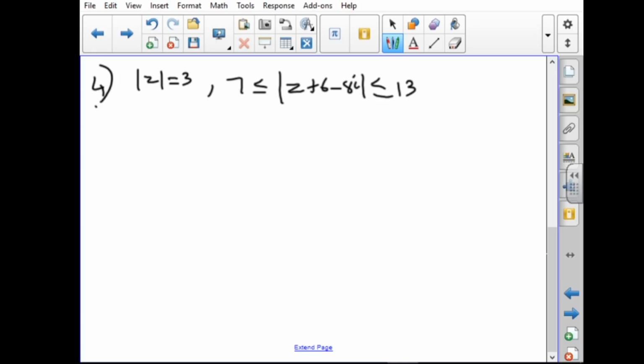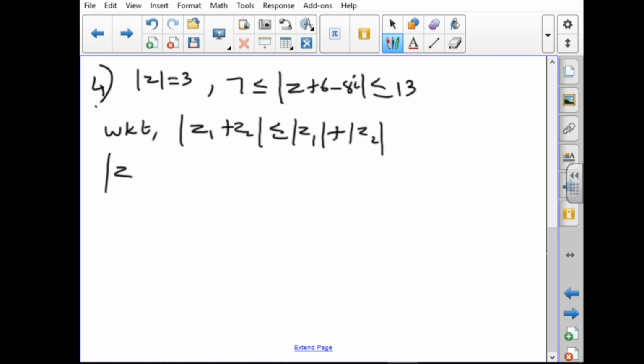So here we know that modulus of Z1 plus Z2 is less than or equal to modulus of Z1 plus modulus of Z2, which is the triangle inequality. So now consider modulus of Z plus 6 minus 8i. We take this as Z1 and this as Z2.